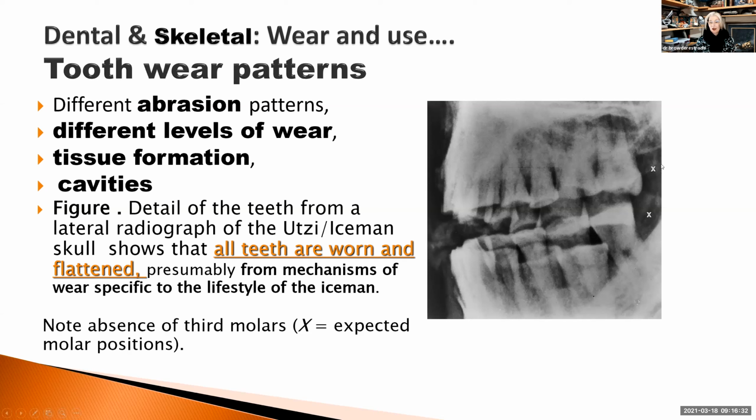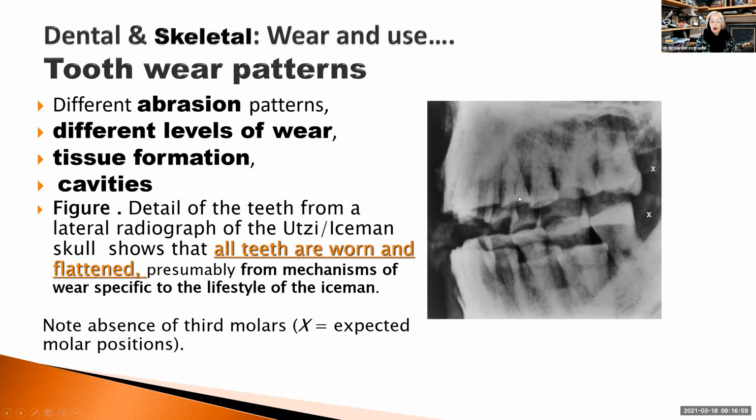And also here with the X's, the Iceman did not have his third molars, either on the top or the bottom. This is sometimes known as your wisdom tooth, for those of you that haven't had a bioanth or an anatomy class. And this is something that would help link him to some biological profiles of local populations there.